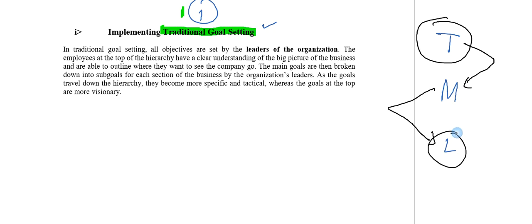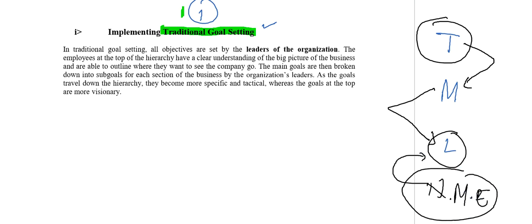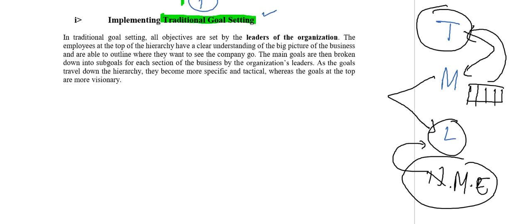Low level, with the help of non-managerial employees, achieves the goals set for them by the middle management, and middle management basically breaks down the goals given by the top level management. So this is the traditional way of setting the goals and assigning the duties to lower level.